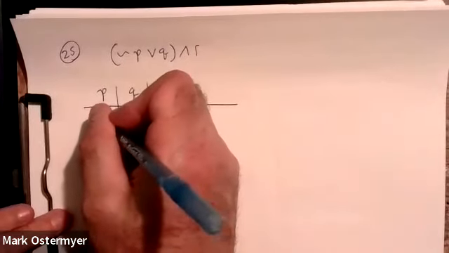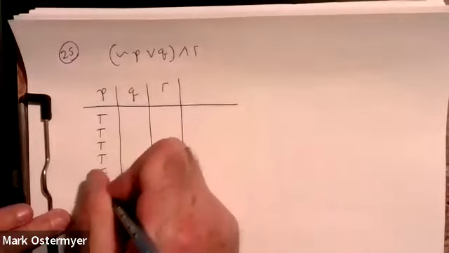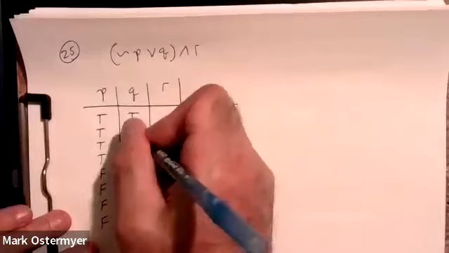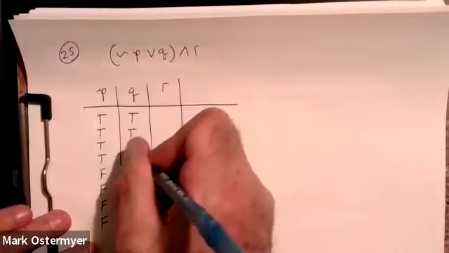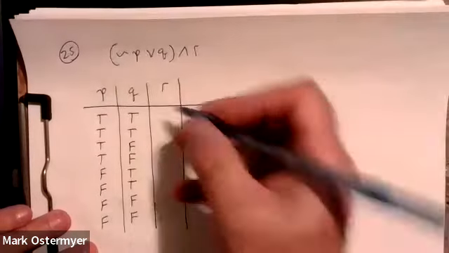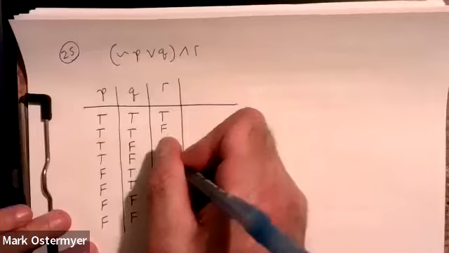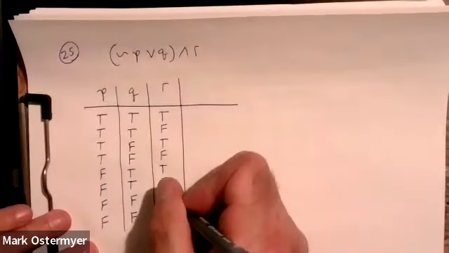P column is true, true, true, true, false, false, false, false. Q is true, true, false, false, true, true, false, false. R column is true, false, true, false, true, false, true, false.